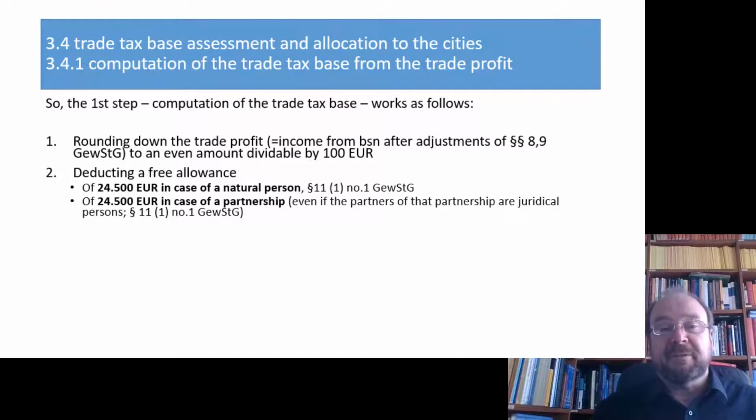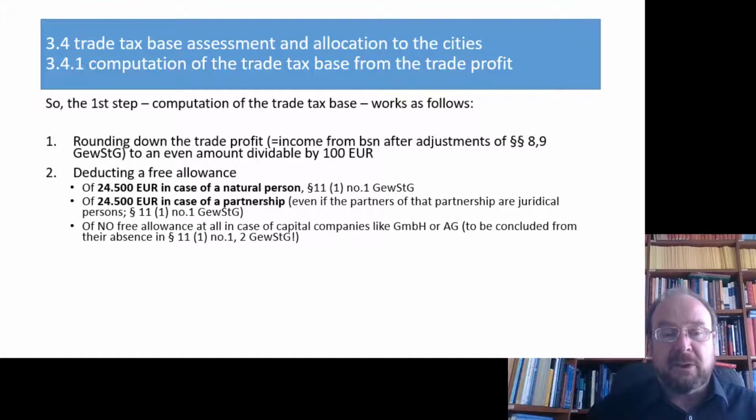So even if all the partners are juridical persons, nevertheless it would be a partnership, and so that free allowance applies. Or you have no free allowance at all in case of an AG or KGaA or GmbH or SE or another legal form which is classified as a so-called capital company.